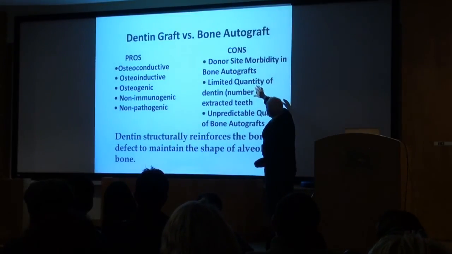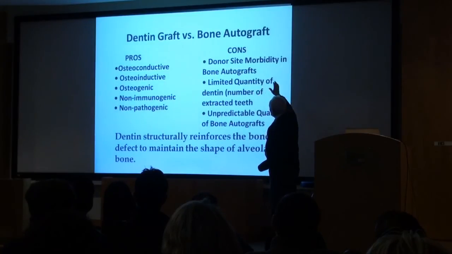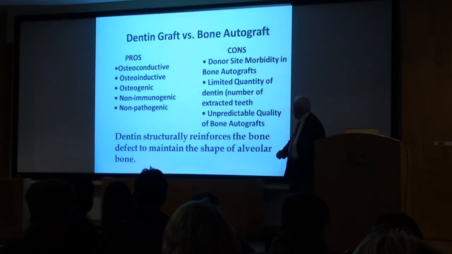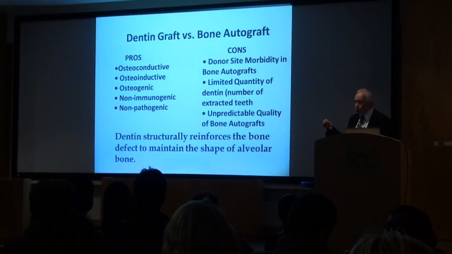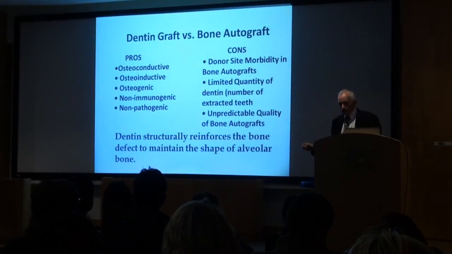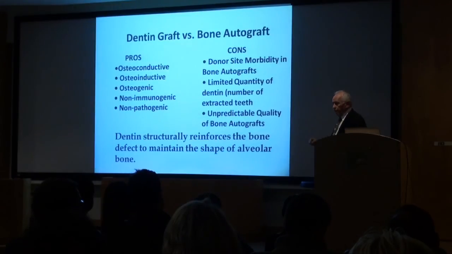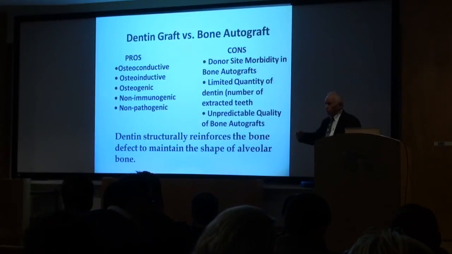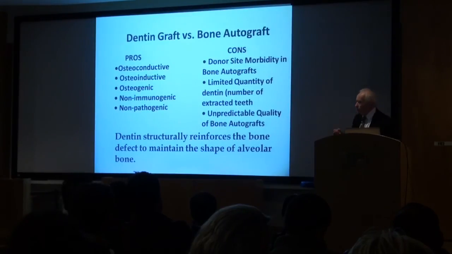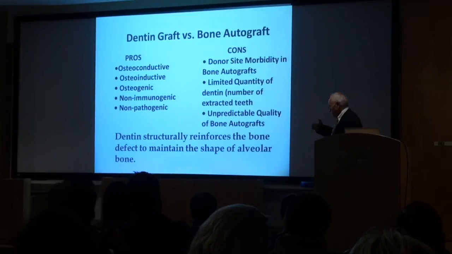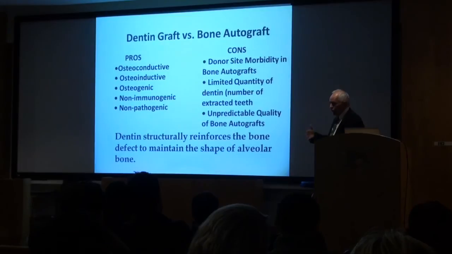First of all, the bone autograft morbidity, and also its unpredictable quality. Sometimes we get a lot of cancellous bone, but not cortical bone, unless we use some places like the chin, and so on. But it is usually a major surgery in dentistry.